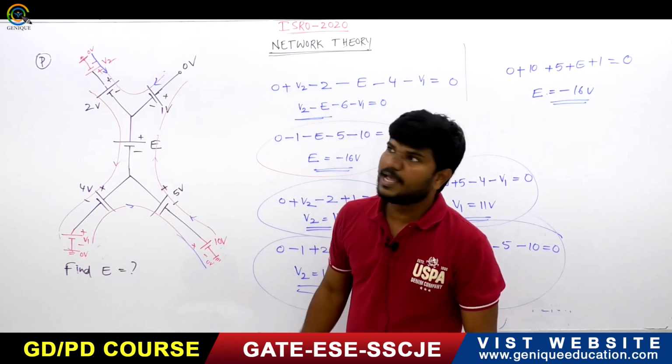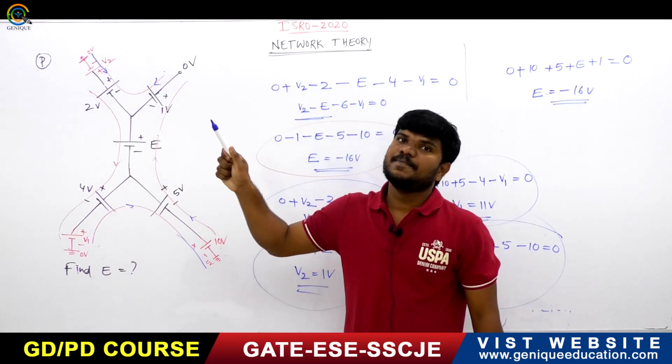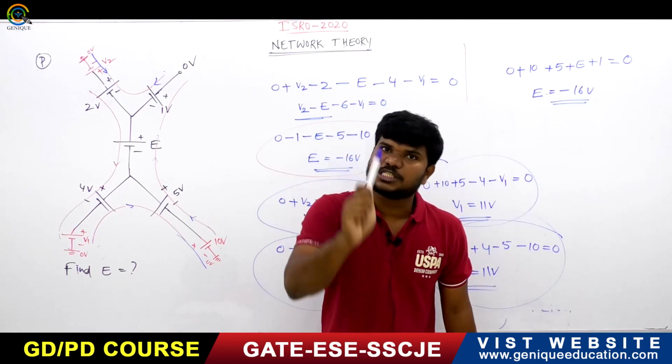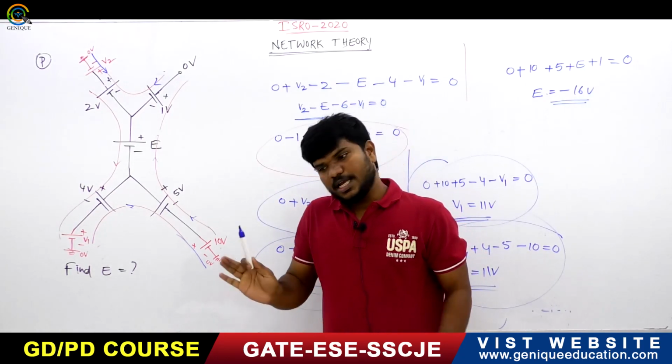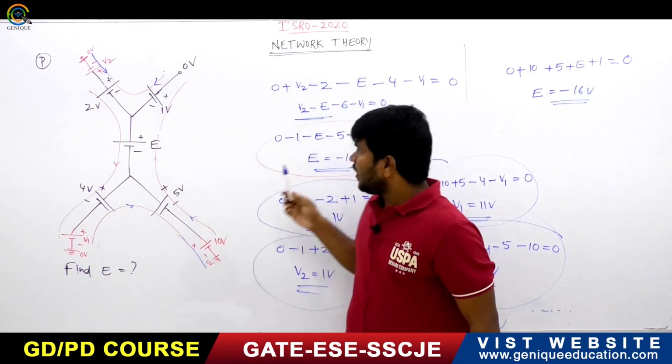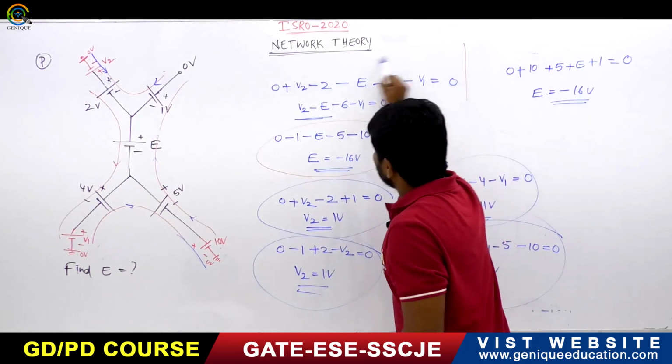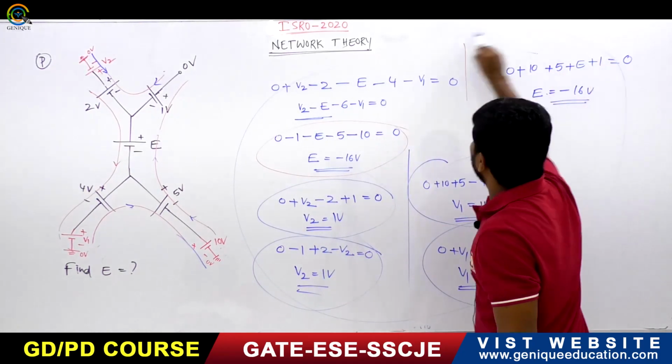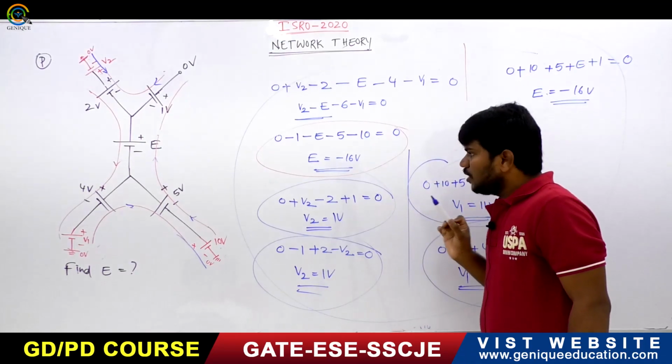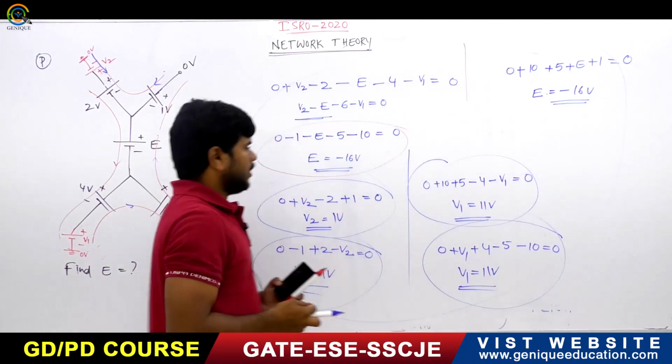If the plus terminal is touching the current first, they will take the positive value only. Either you can take that way or this way. Now I am following this way, it is the best way to use. So that's why you follow this.